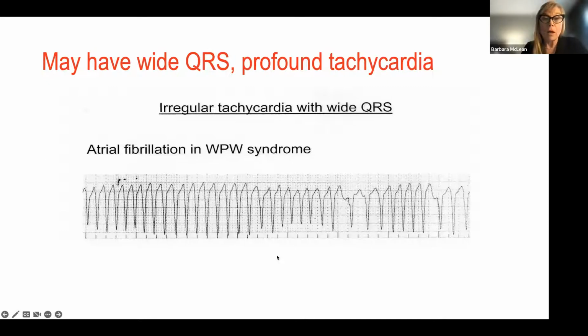Now I'm going to tell you, if I looked at this strip, and I'm no electrophysiologist, I probably would not have looked at that strip and said, this is WPW. I know that because later, when we looked at the basic EKG, we saw that the patient, as their heart rate was slowing down, had that communication again of the P wave going up into the QRS.